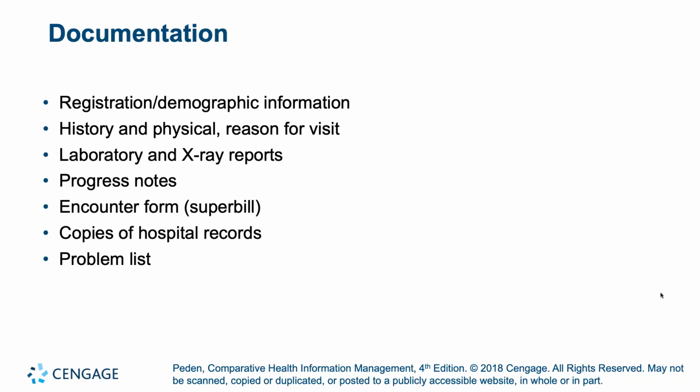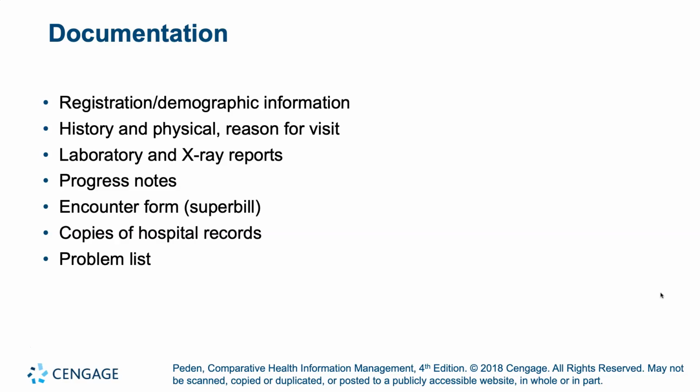Documentation in these settings. Typically, they will keep registration and demographic information. They may do history and physical, reason for visit, depending on what's going on, but typically they have to have that for reimbursement, so they keep it. Any kind of testing reports, they keep progress notes. They have encounter forms, which they call a super bill, where they mark off what maybe they put a diagnosis on there and they mark off the services that were provided, and that's used to bill for the encounter.